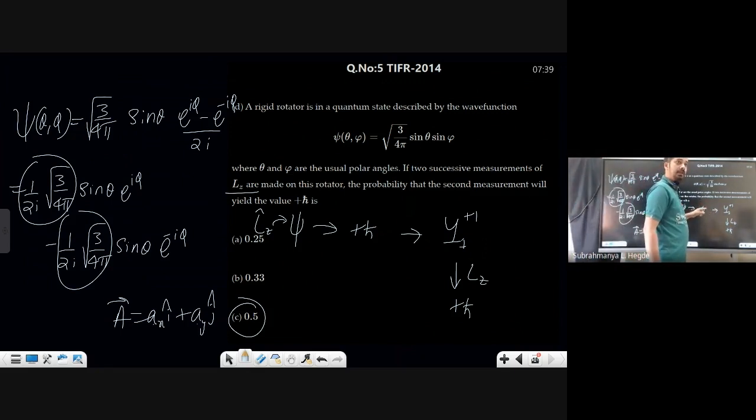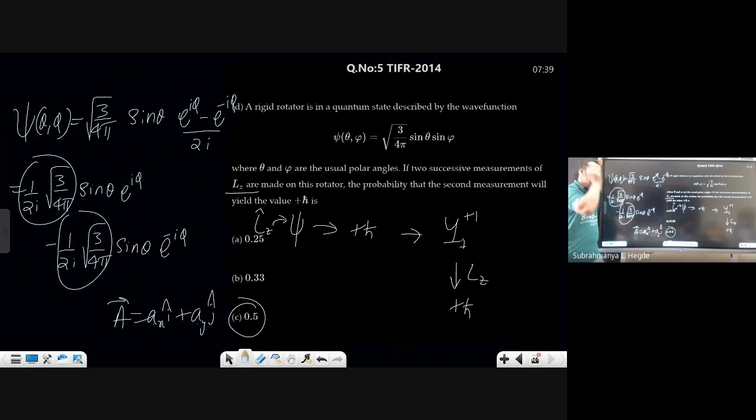Am I right? If you want to get plus h bar in the second measurement, you should have got plus h bar in the first measurement. Look at how they include the concept of collapsing of the state here. There is no mathematics here, only algebra if you do. Even if you observe this logic, that 0.5 probability comes without anything.